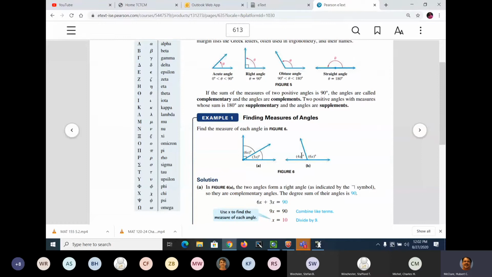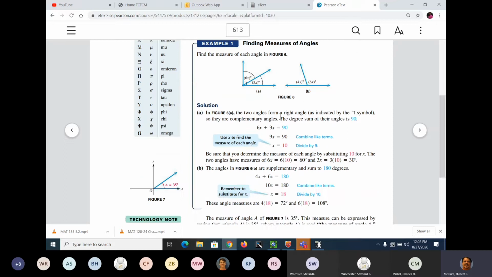This is supplementary. Make sure you can do a problem like this. This is example 1. I don't know how good y'all are at complementary and supplementary angles, so we will go ahead and do an example of both. This is on page 613. And this is a test question.